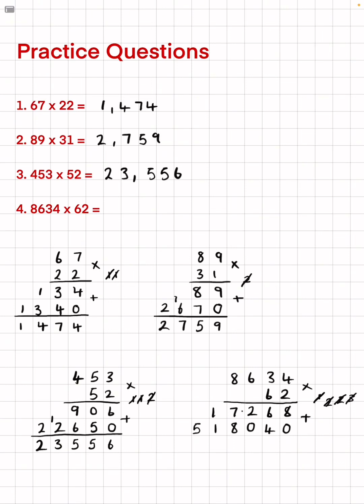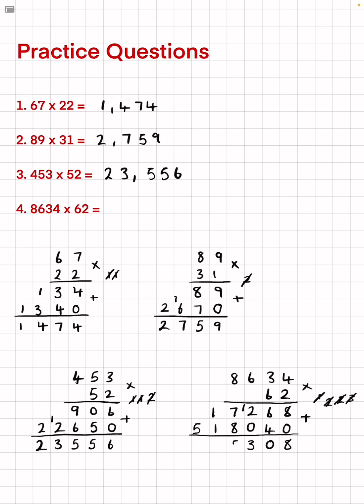To get our answer, we need to add these two numbers together. 8 add 0 is 8. 6 add 4 is 10. We put the 0 here and carry the 1. 2 add 1 add 0 is 3. 7 add 8 is 15.